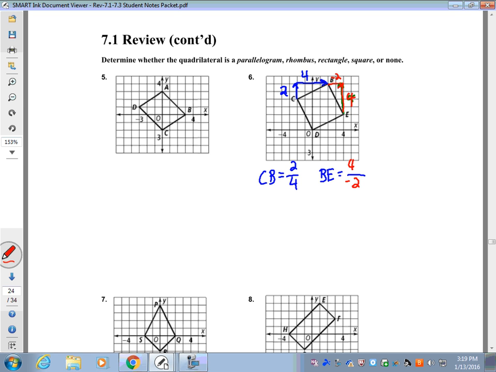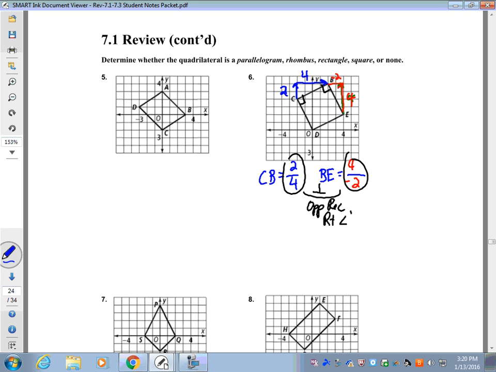It got negative. So between these two right here are opposite reciprocals. And whenever you have an opposite reciprocal, that's showing perpendicular, basically the right angle. So I now know that there's a right angle between CB and BE.